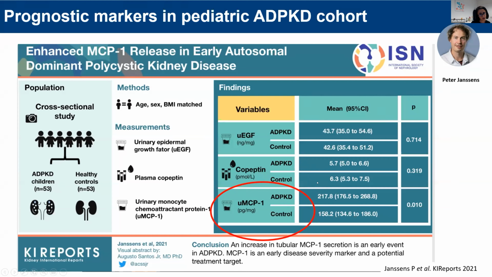We even evaluated some fetal kidneys from termination of pregnancy with PKD1 and demonstrated an overactivation of macrophages, showing that maybe inflammation is also a very early marker of ADPKD.